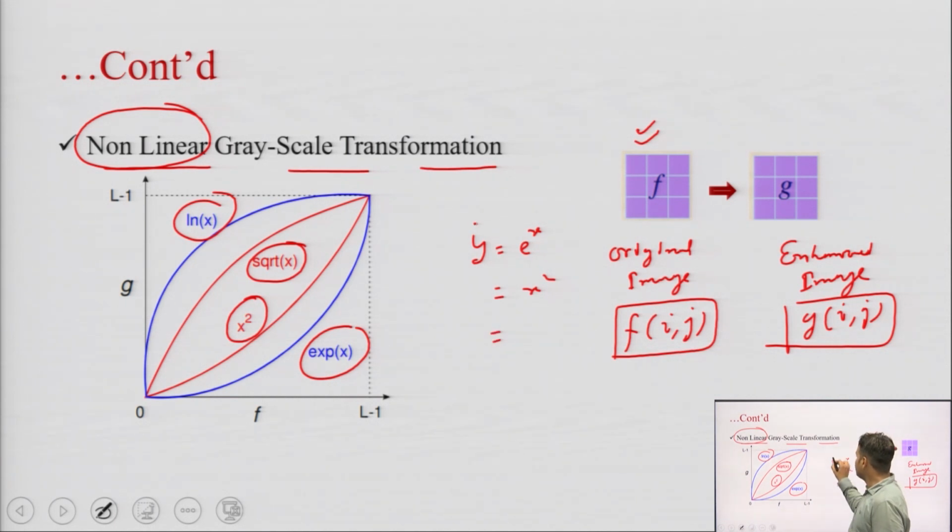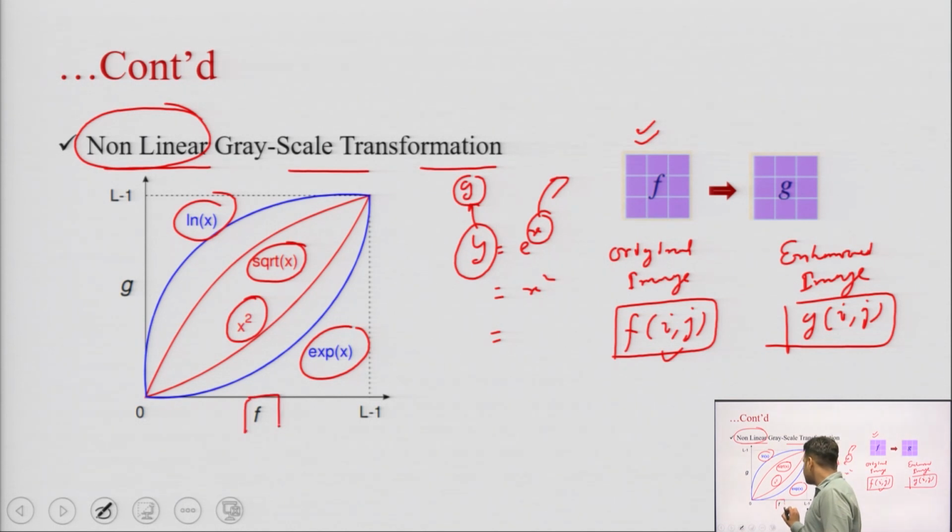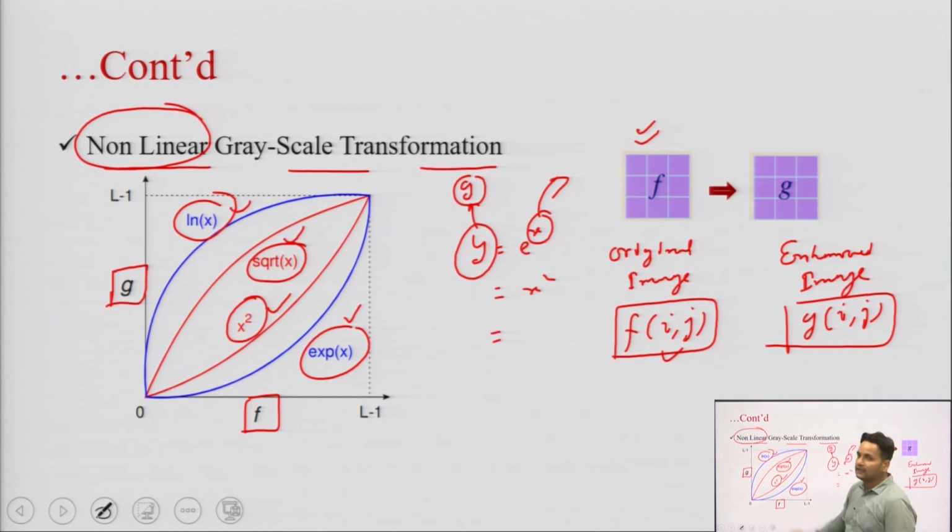If we talk about the enhanced version, we take y as g, and x is f of i comma j. If we have the f image on this axis, then you can directly get the value of g related to these non-linear functions. All of these types of functions belong to non-linear functions.